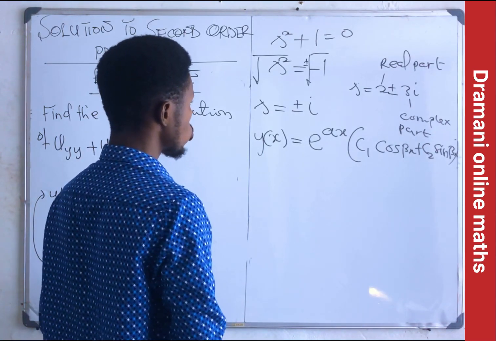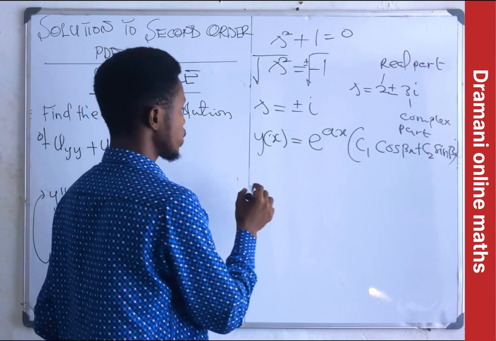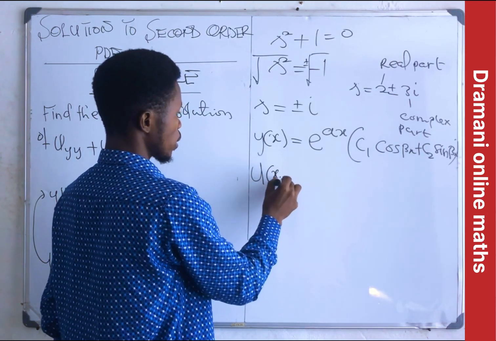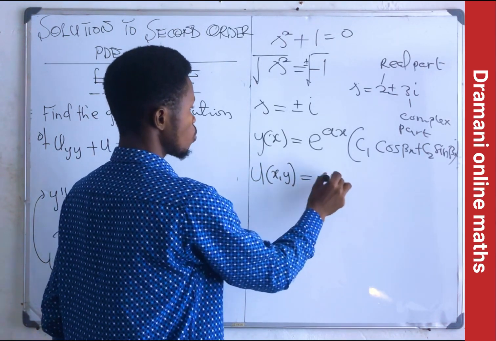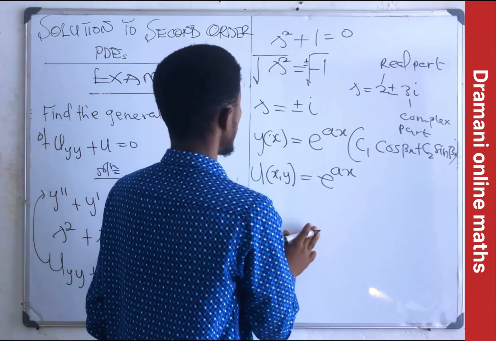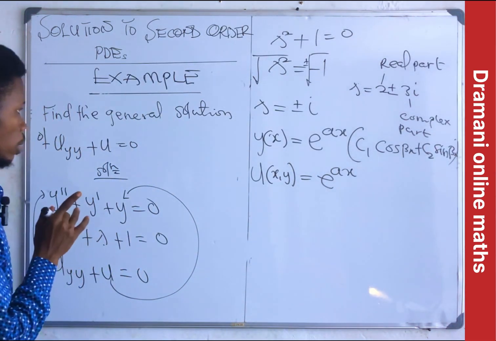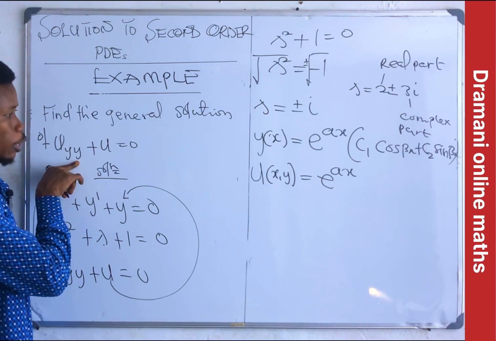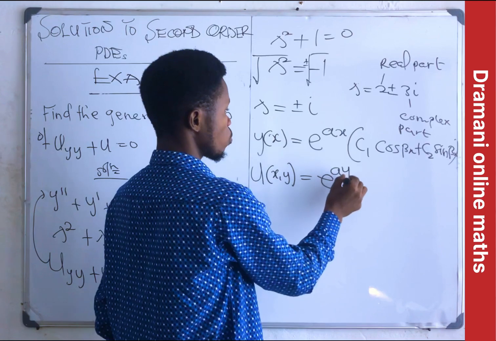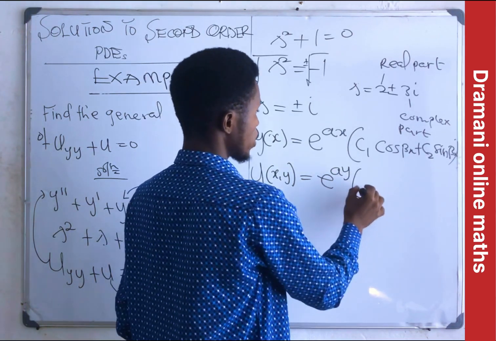So let's then relate this one to PDE. For PDE we are dealing with u in terms of x and y. This will be u, e to the alpha x. Remember, we are integrating with respect to y, so here is no more x but y.